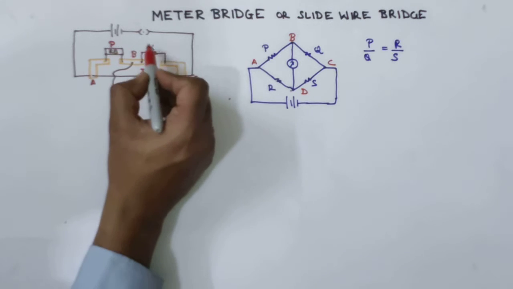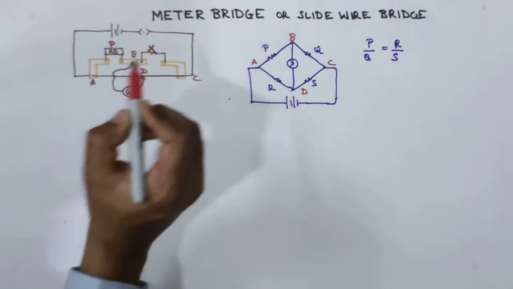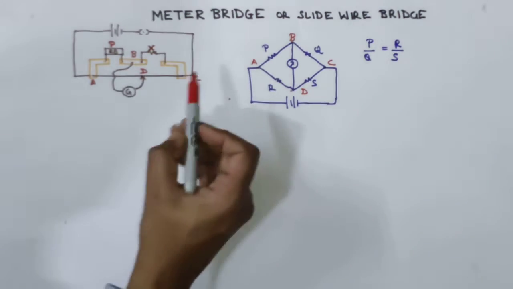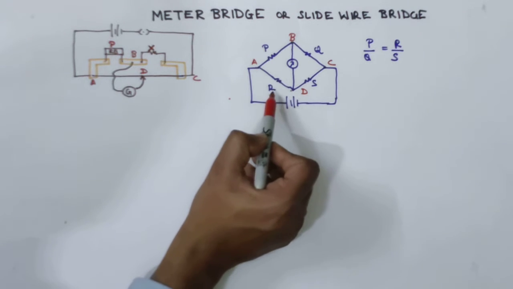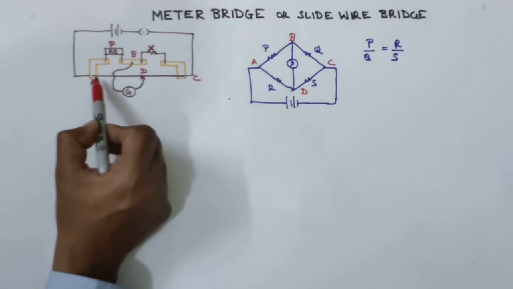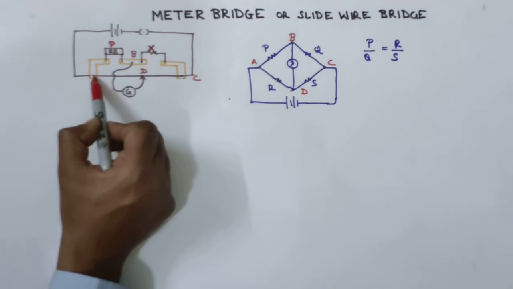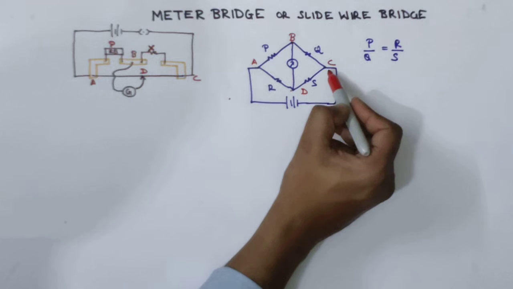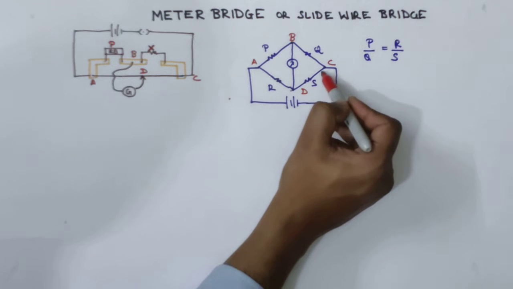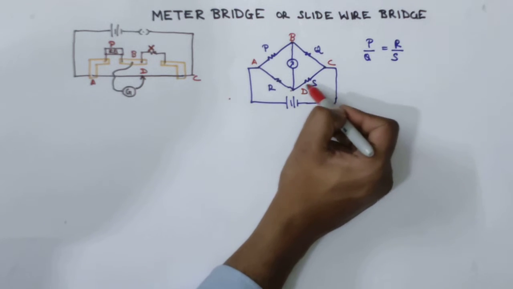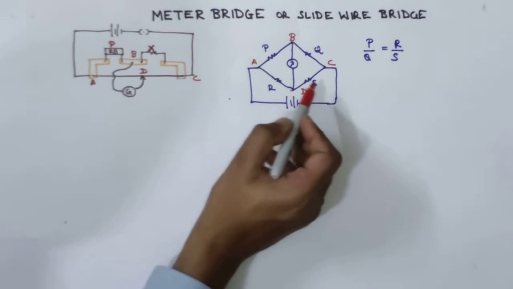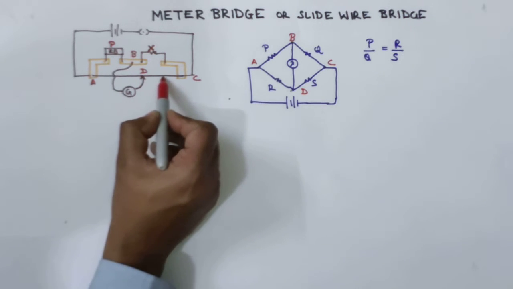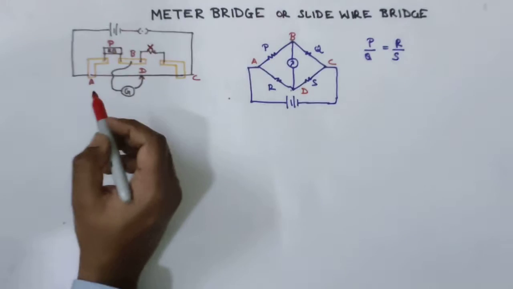Here the work of Q is done by this unknown resistor X. Between terminals A and D, we have a resistance R. Over here, this resistance R is the resistance of the wire AD. And between the terminals C and D, we have this S resistance. The work of this S resistance is done by this remaining portion of the wire.